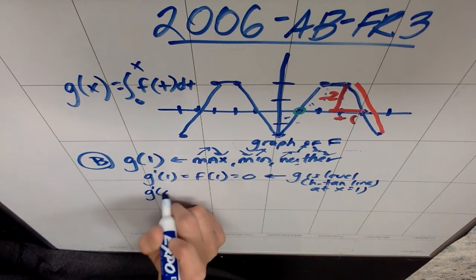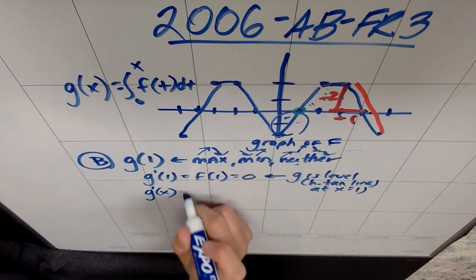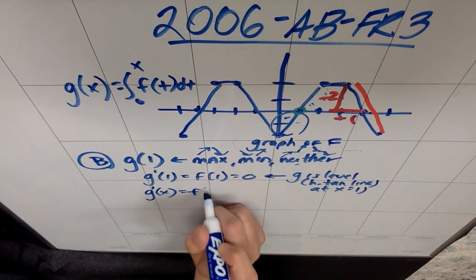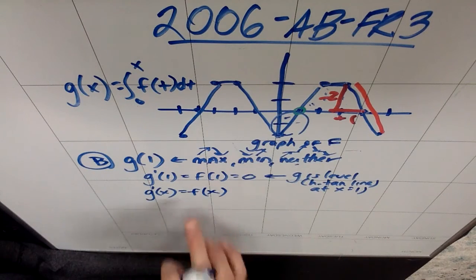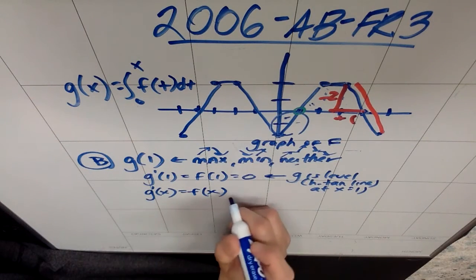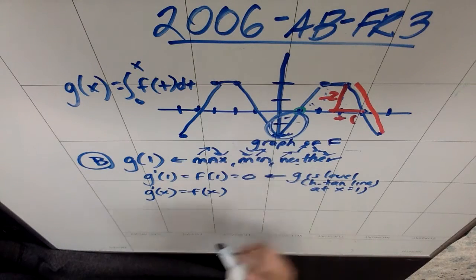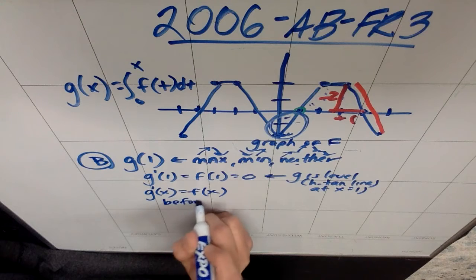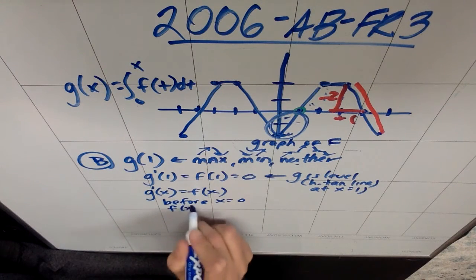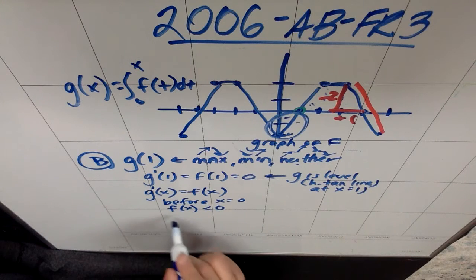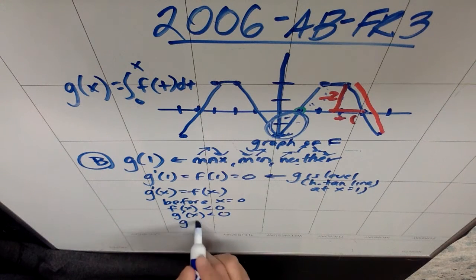g prime of x is the slope of g, but it's the actual y value of the curve. So what I want you to notice is right here, before x equals 0, to this side, f of x is less than 0, meaning g prime of x is less than 0, meaning g is decreasing.